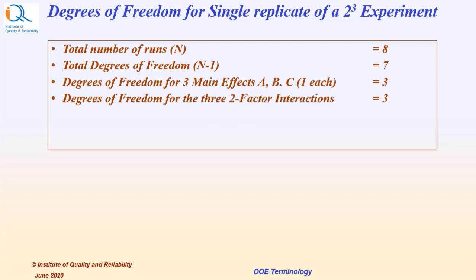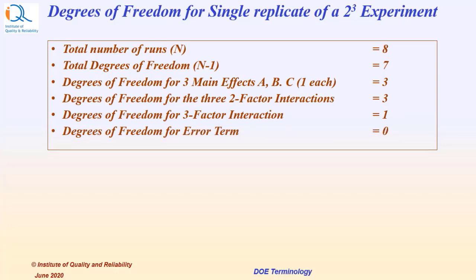Degrees of freedom for 3 2-factor interactions will again be 3. And degrees of freedom for 1 3-factor interaction is 1. Therefore 3 plus 3 plus 1, that is 7, all 7 degrees of freedom are utilized, and therefore degrees of freedom for error term now is 0.